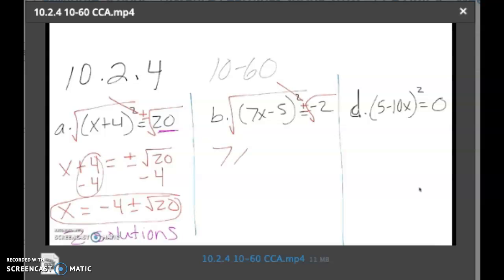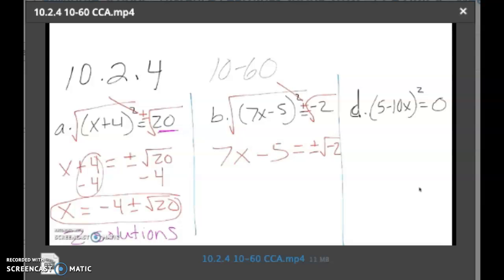So I have 7x minus 5 equal to plus or minus the square root of negative 2. Okay, but I have a problem here because I cannot take the square root of a negative number. All right, so that means I'm not going to be able to solve it any further. So that means I'm not going to have any real solution. So I'm not going to have any roots or any x-intercepts.